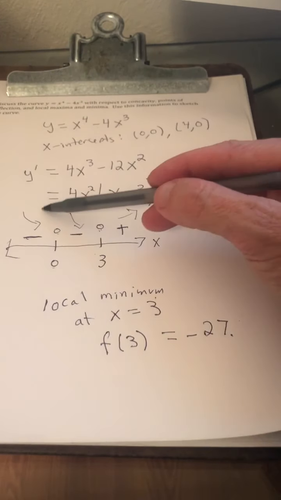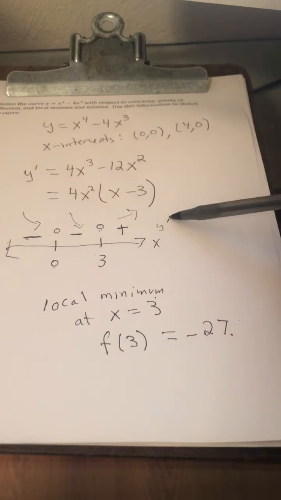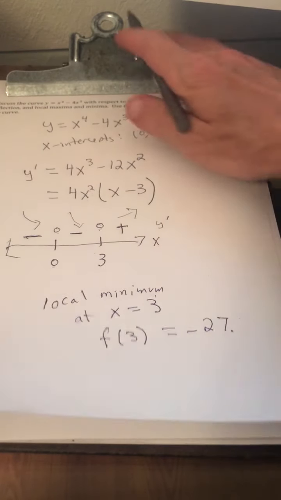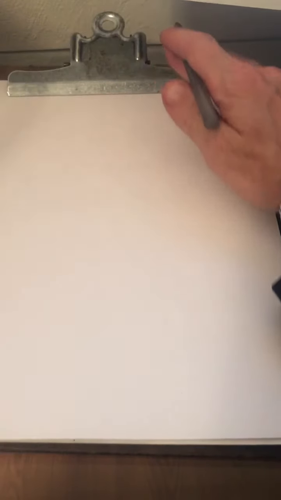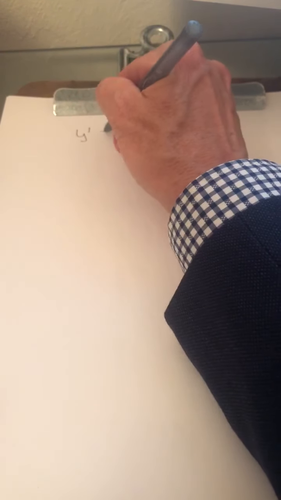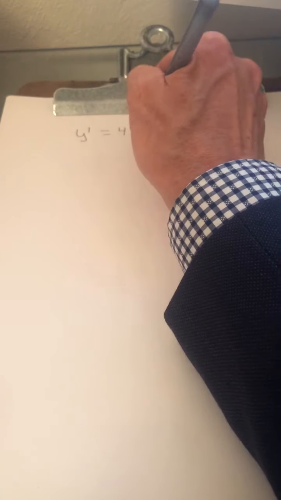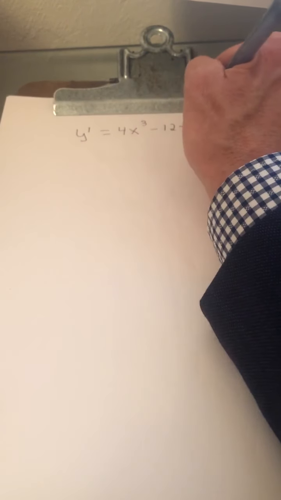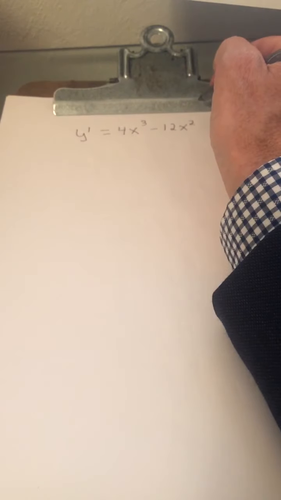We have intervals where the function is increasing and decreasing, but we also now want to talk about concavity. To talk about concavity, we need the second derivative. So let's write down our first derivative again. The first derivative was y prime is equal to 4x cubed minus 12x squared.